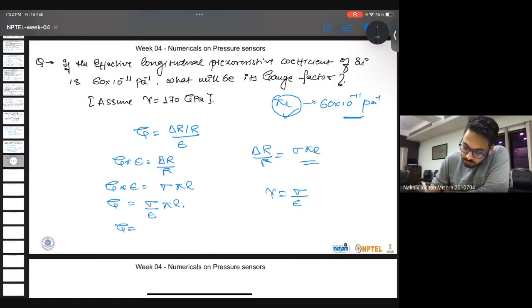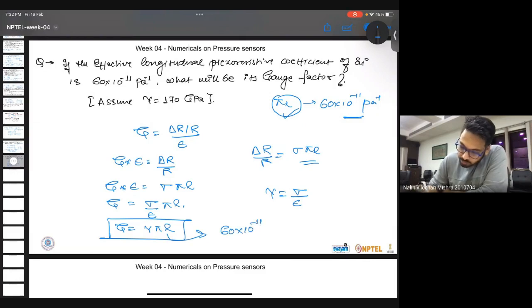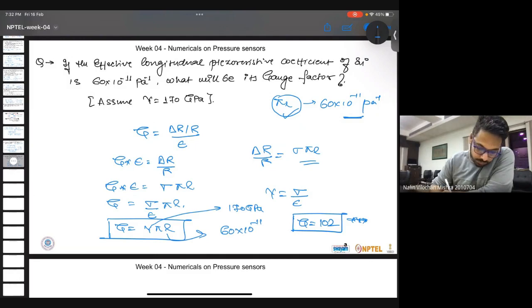So the value of G will come out to be this. Here the value of pi L is 60 into 10 to the power minus 11, and the value of Y is 170 gigapascal. So after multiplying it, we will get the value of G as 102.